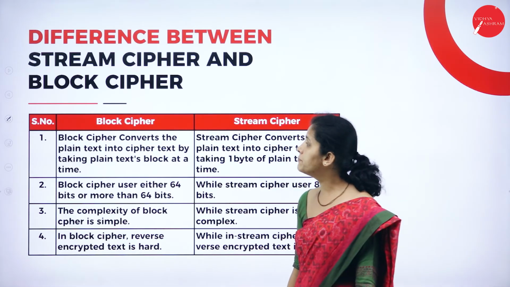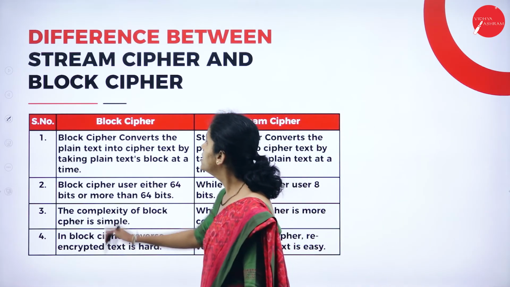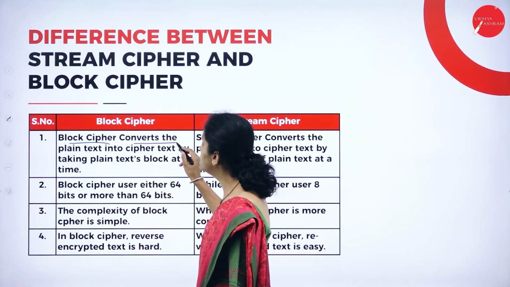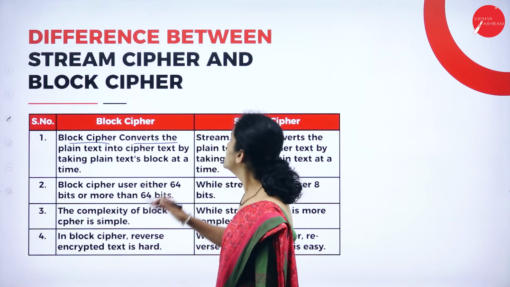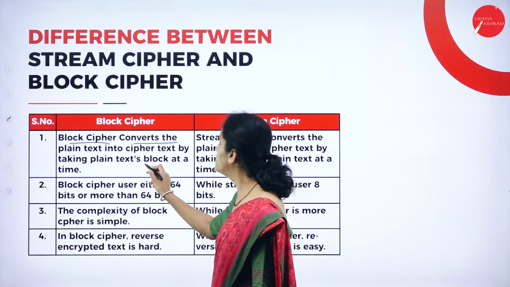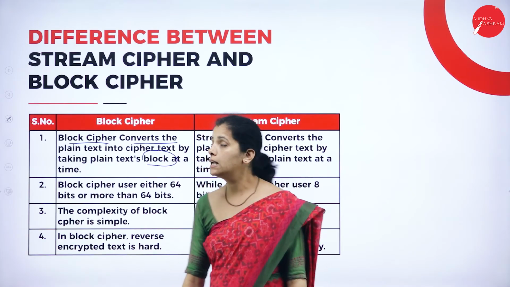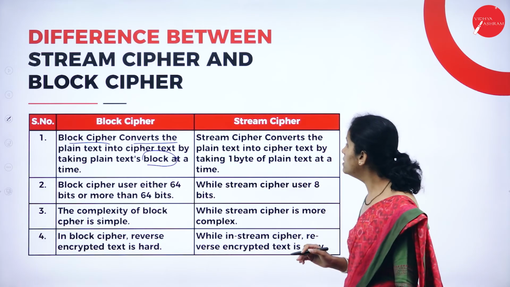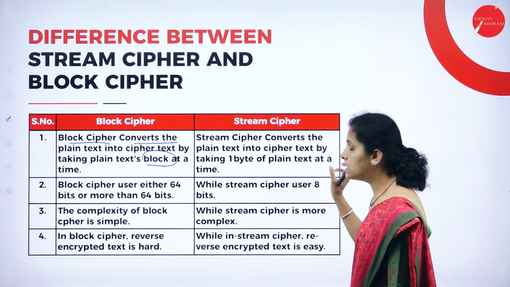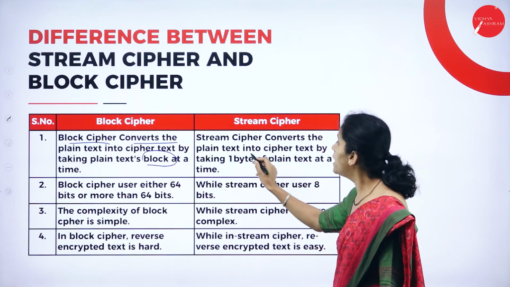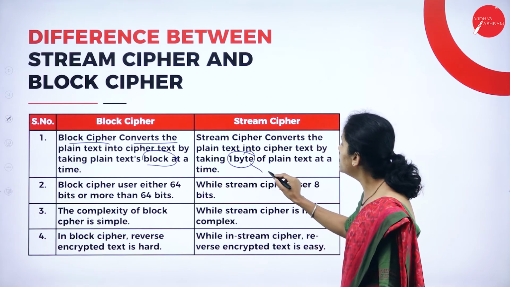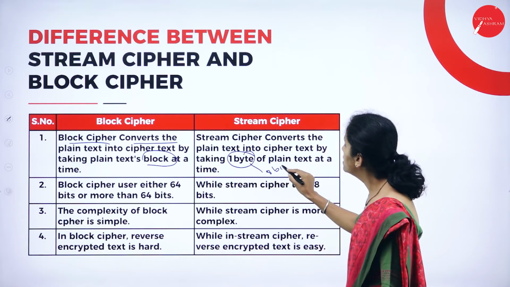So dear student, a block cipher converts the plain text into ciphertext by taking a block. So I consider one block at a time. If I consider a stream cipher, I can consider only one byte at a time, that's 8 bits at a time.